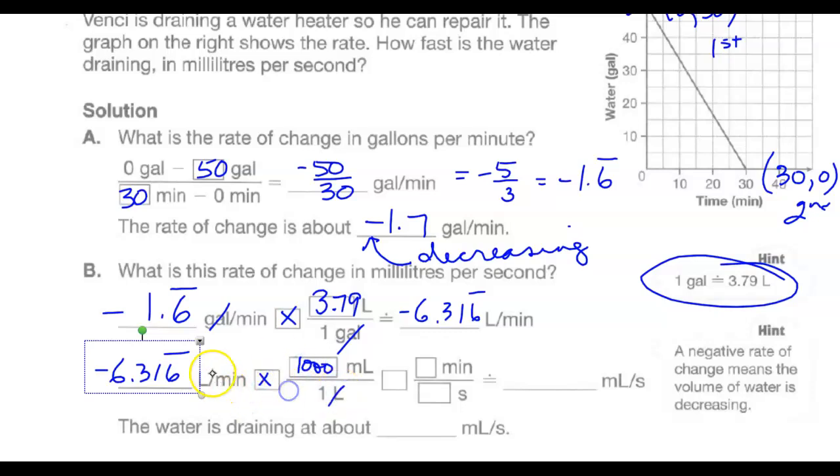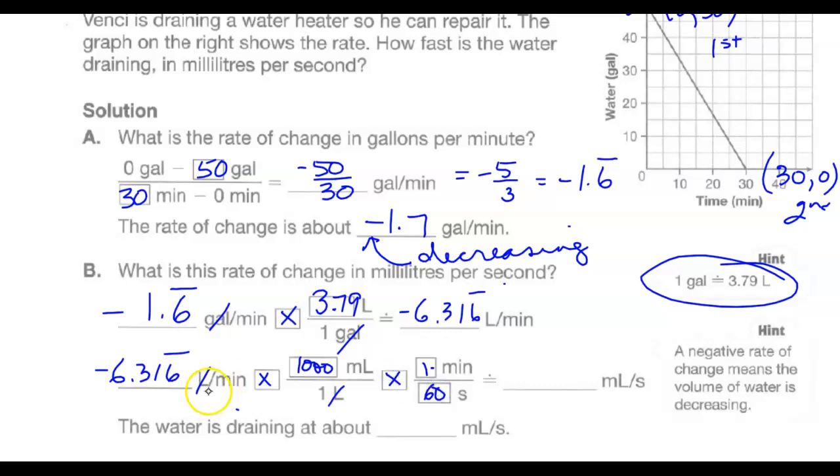So again, the liters divide out those units. And then I've also got to convert to seconds. So now, if I just do those two, I've got it in milliliters per minute. But now I need to convert to seconds. So minutes is in the denominator, so my ratio has to have the minutes in the numerator. So 1 minute is 60 seconds.